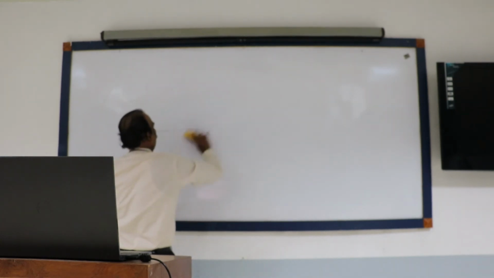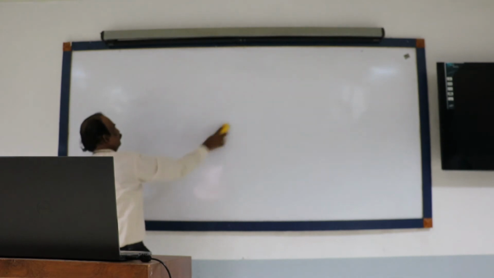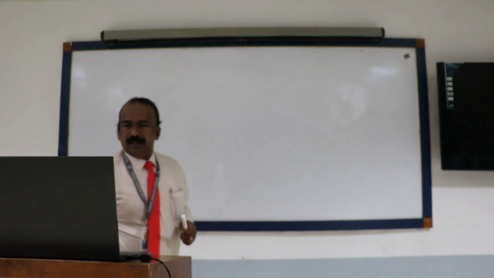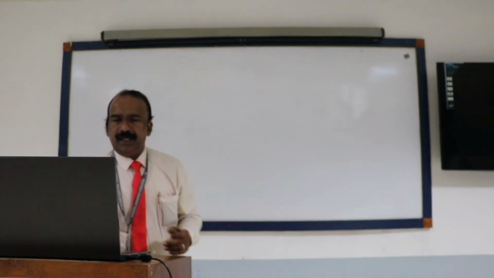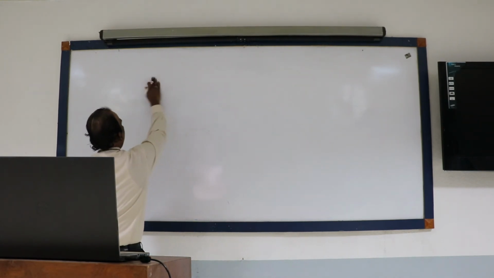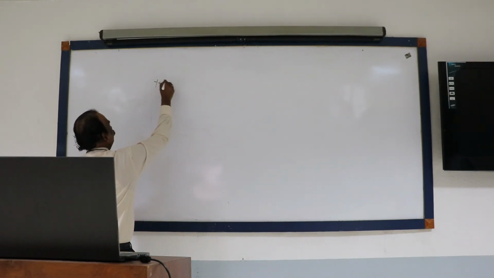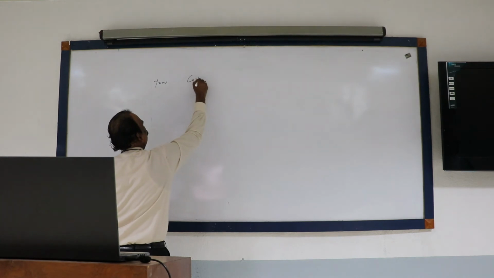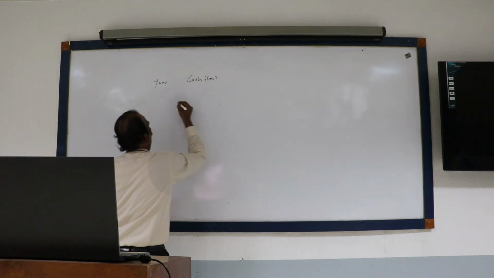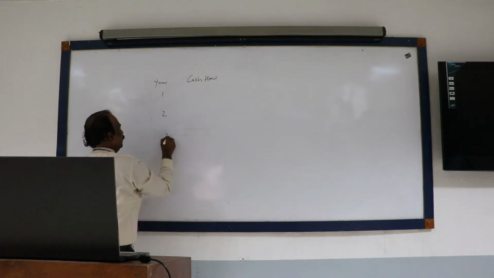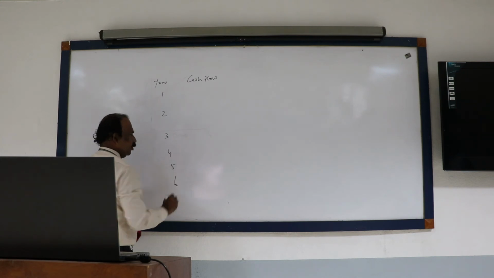It is a 6-year bond. Year and cash flow: first year, second year, third year, fourth year, fifth year, sixth year. Can all of you see the board?